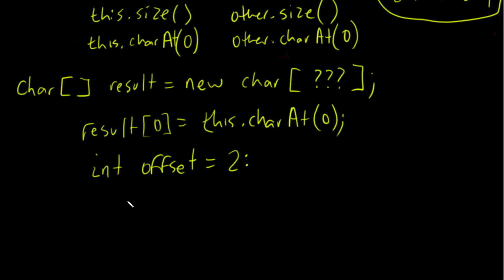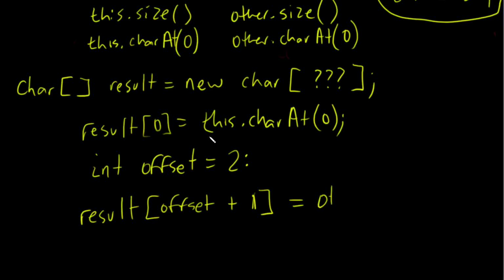And now what we're going to do is say result of offset plus, and here's where things get interesting, plus 1. So result[offset + 1] is assigned other.charAt(1).